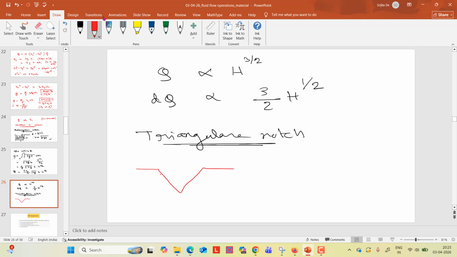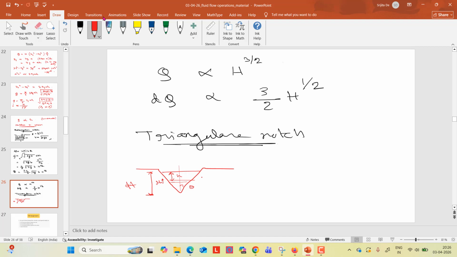This is the open area. This is at theta angle. This is h distance. The original height is H, and this small portion is dh.